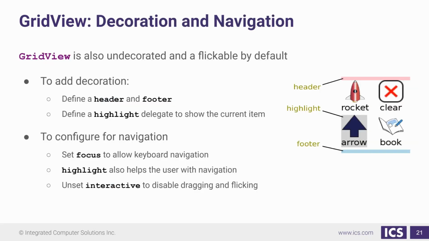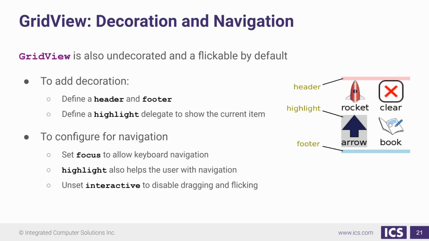Now, the grid view, just like the other views, like the list view, is flickable by default. And one extra thing that it gets is it has the ability to have a header, a highlight, and a footer. And these are just simple properties that we can define additional components for. The header, of course, is shown as a header, the footer on the bottom as a footer, and the highlight is for the current item.